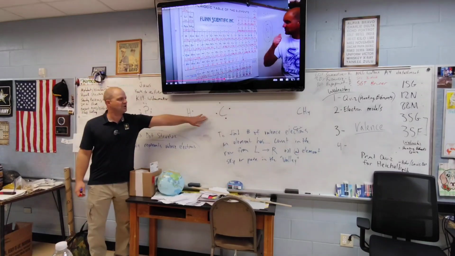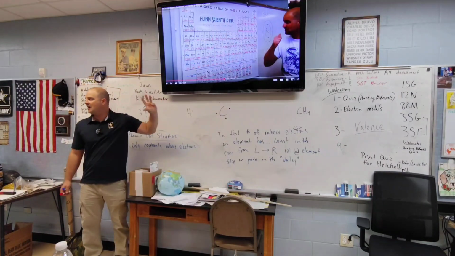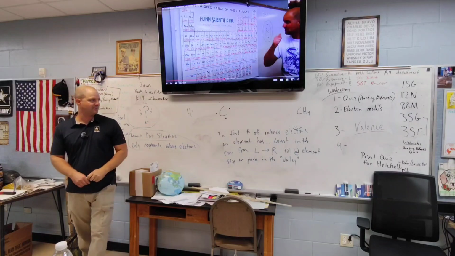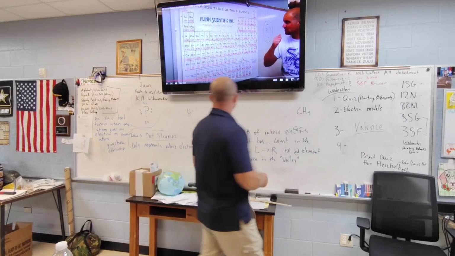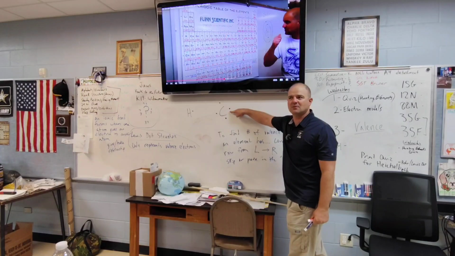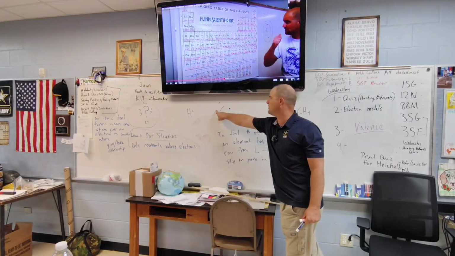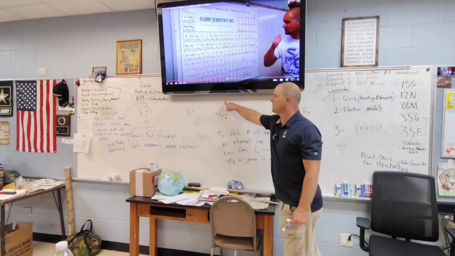Carbon, you can think about each of these sides as potentially having a docking port. I could dock an electron right here, couldn't I? I could dock an electron right here, here, and here.